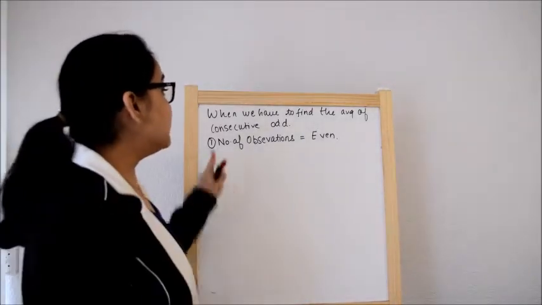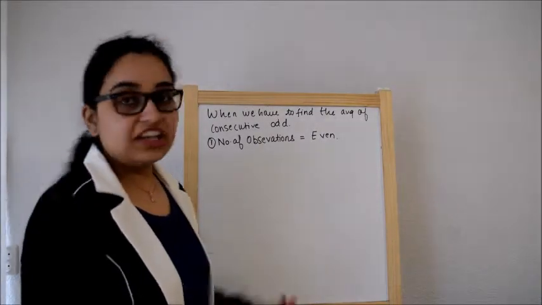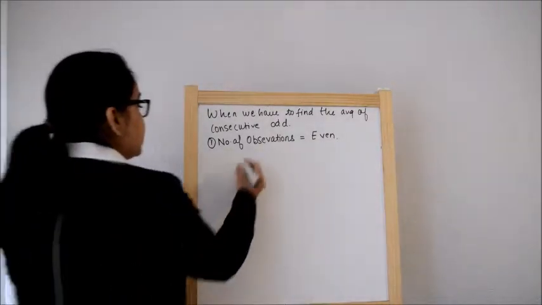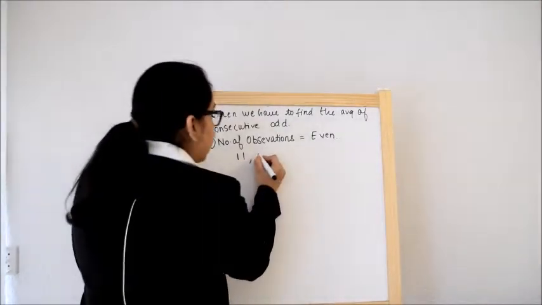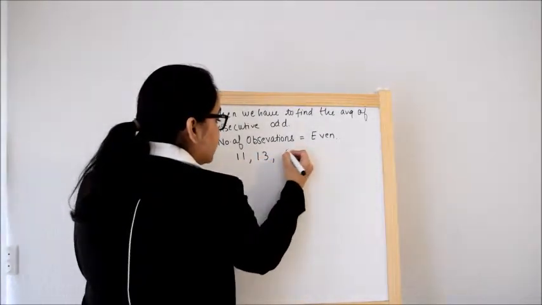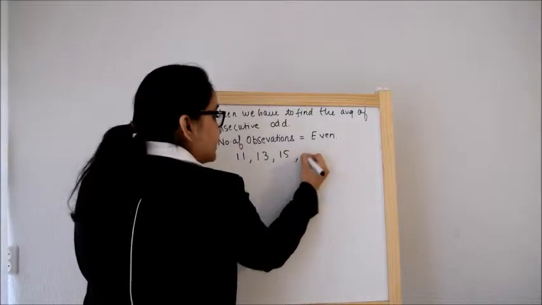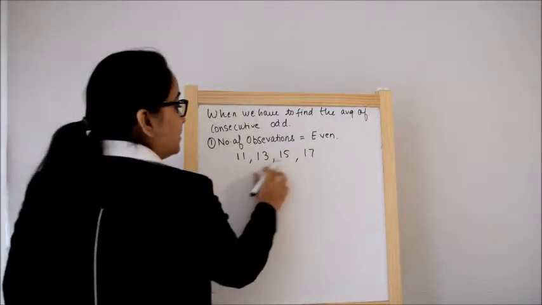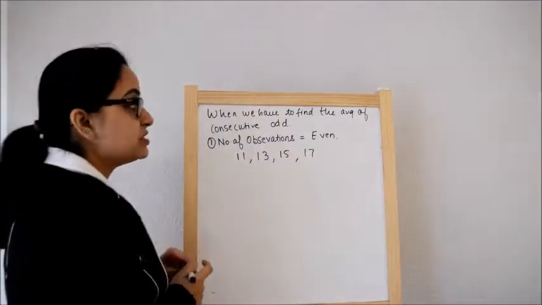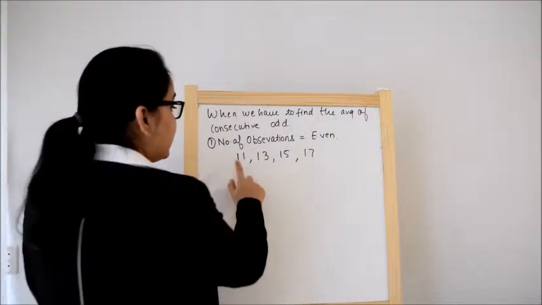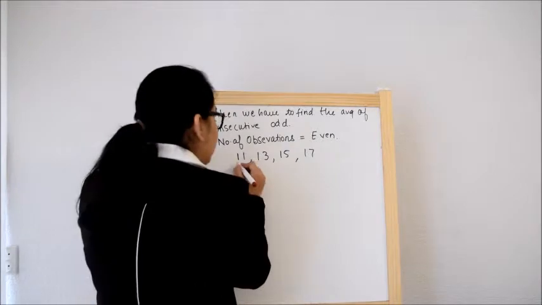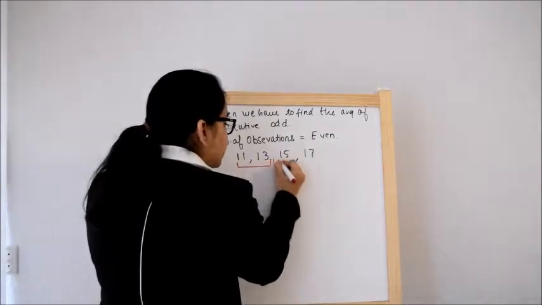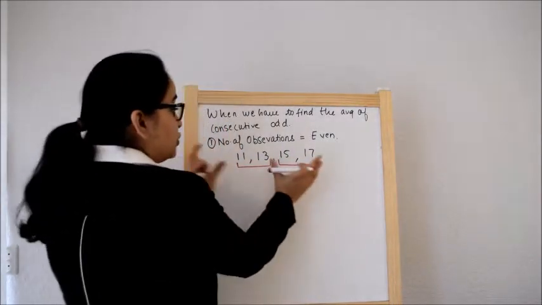Now, when the number of observations is even, right? So it says that if the numbers are 11, then 13, then 15, and then 17. Okay. Now, when the number of observations is even, that is 1, 2, 3, 4, there are 4 observations, then what we will do, we will separate them in 2 halves.